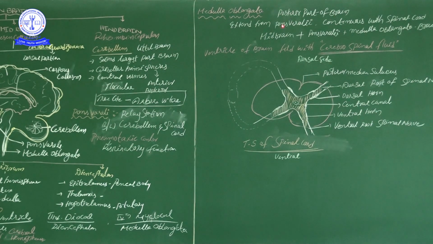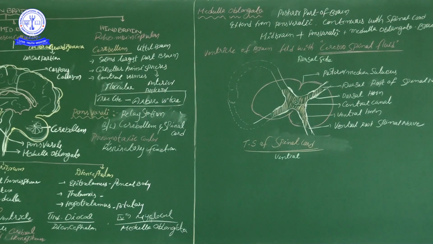Posterior means the last part of the total brain. Our brain is divided into the forebrain, midbrain and hindbrain. In the hindbrain, medulla oblongata is the last part, so it is the posterior part of the brain.